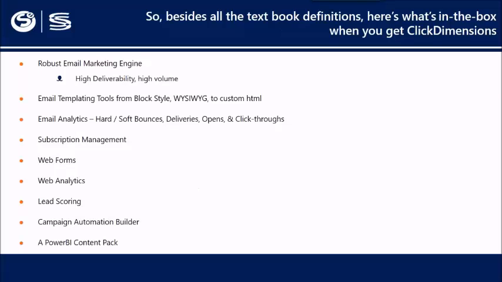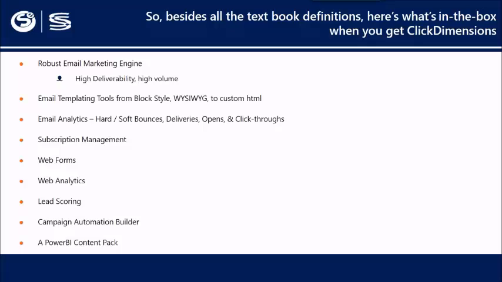Besides the textbook definitions, what else is in the box? What do you get out of the box with ClickDimensions? You get their flagship product, the robust email marketing engine. You get email templating tools. You get the email analytics, which, as I mentioned, is a commodity these days. Everybody expects it.